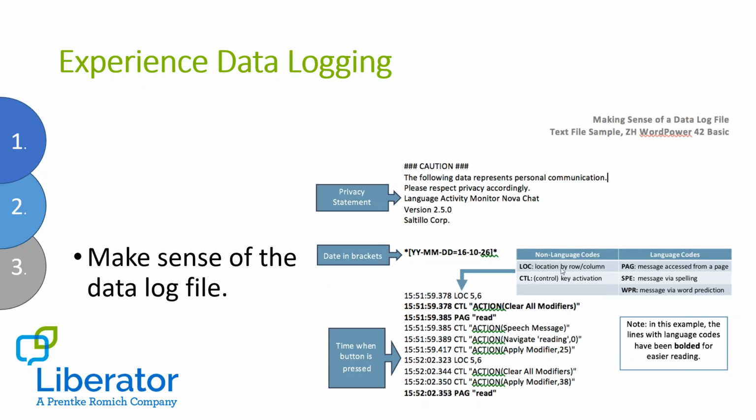We've got these non-language codes, which tell us things like what location the row and the column is, key activation, whether that word was accessed using a spell page or through page navigation. So even just looking at the raw data, we can get quite a bit of information already without actually having to delve too deep.